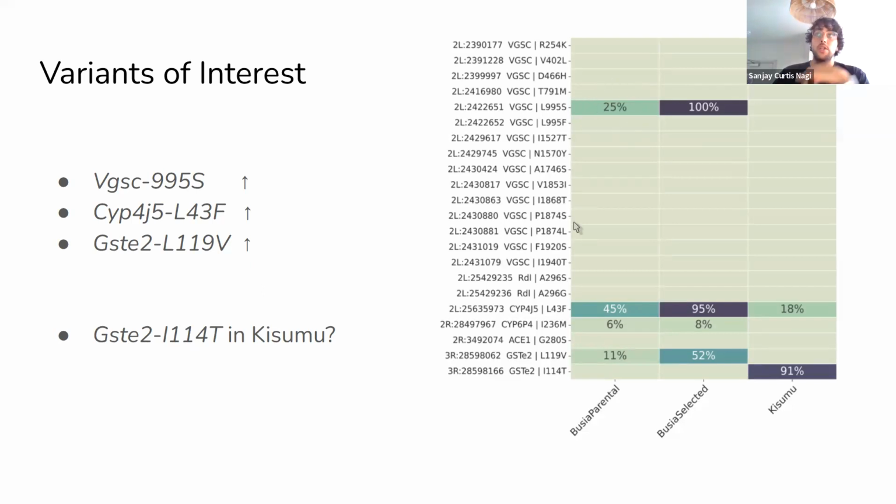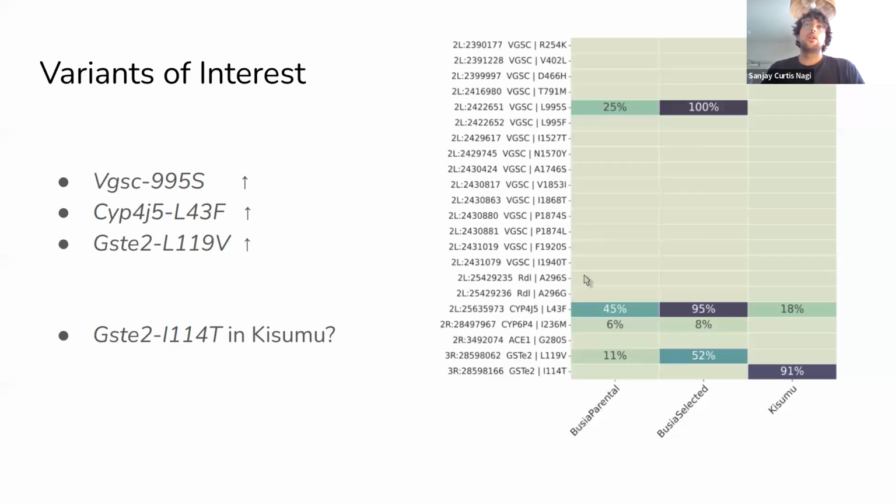And after 4 generations of deltamethrin selections, this actually increased to 100%. So pretty much to fixation potentially. And so this makes complete sense. We know that this mutation is important for resistance to pyrethroids. So we would expect it to increase in frequency over the period of deltamethrin selections.